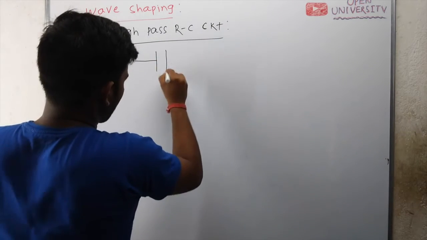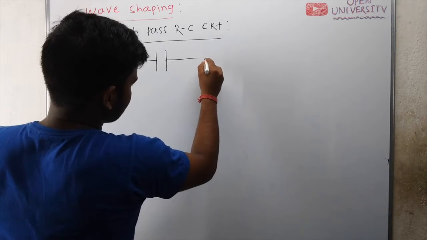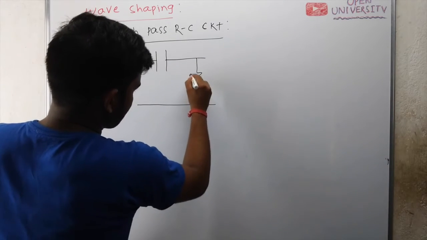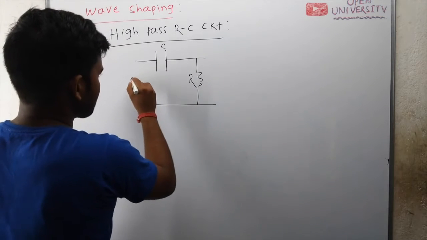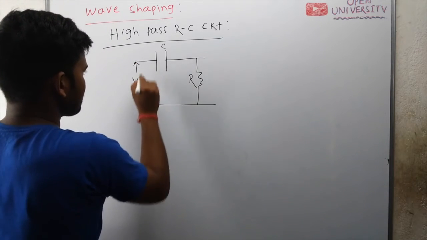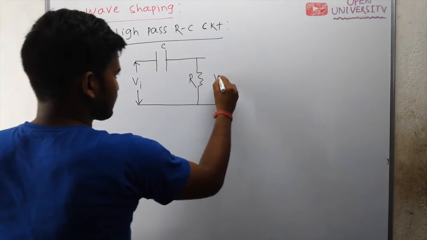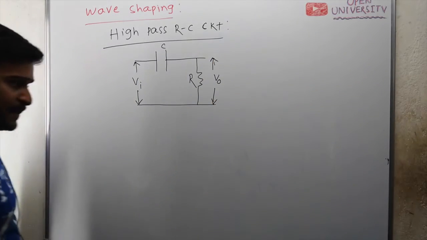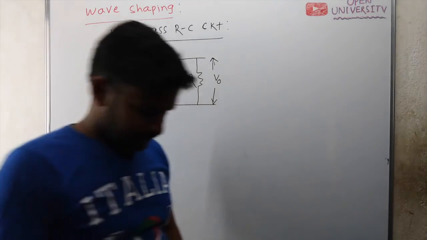Draw the diagram of the high pass RC circuit. This is resistance and this is capacitance. This is input voltage VI and the output is taken across this resistance. This is a high pass RC circuit.